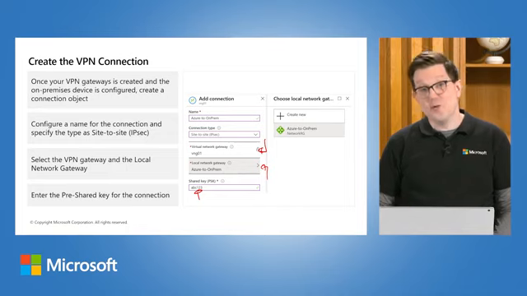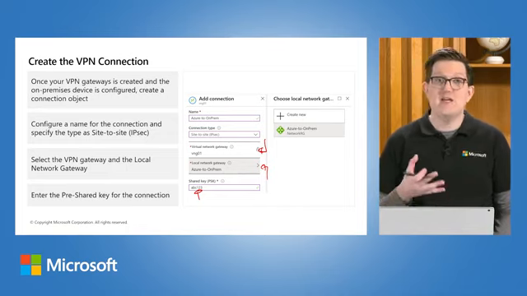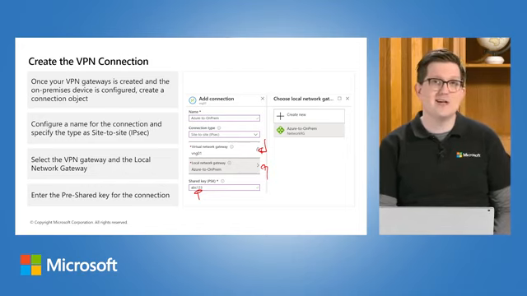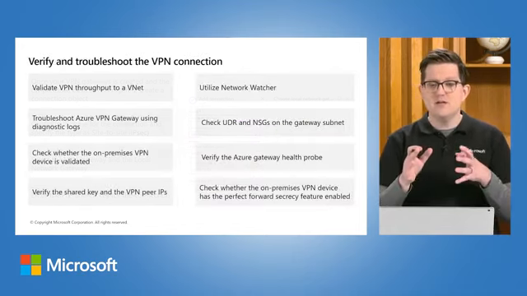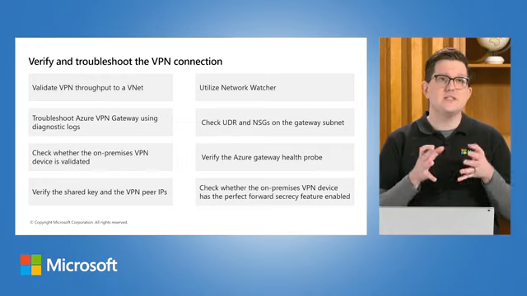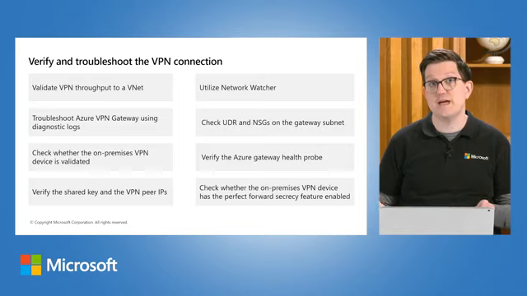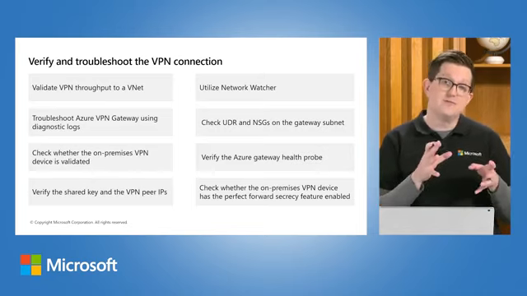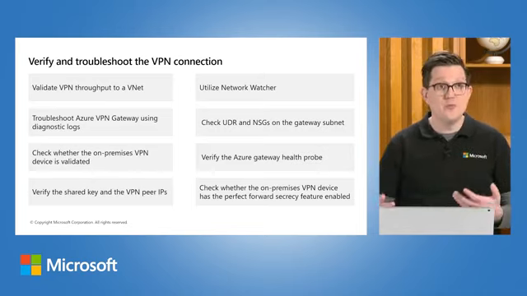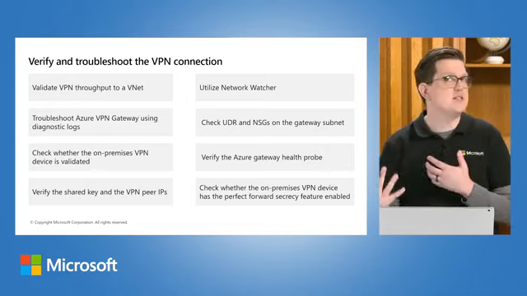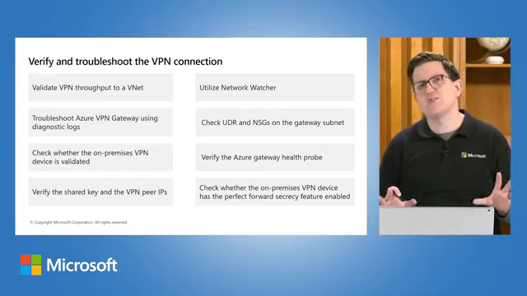But ready doesn't always mean working in the way you want or performant. There's always things with networking across the internet. So I do recommend going through and taking a look at some of the diagnostic log options that are available in the Network Watcher space. Different types of validation are available for throughput, for ensuring that keys are working correctly, that synchronization is fine, all of that sort of stuff.